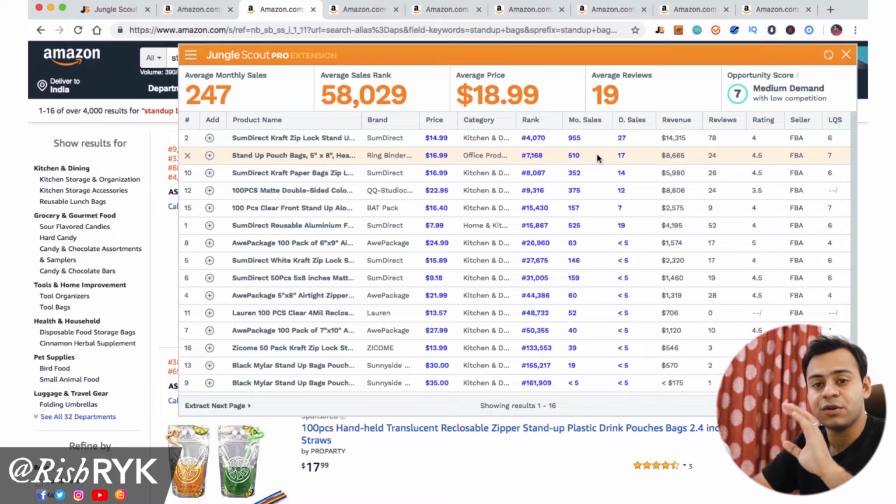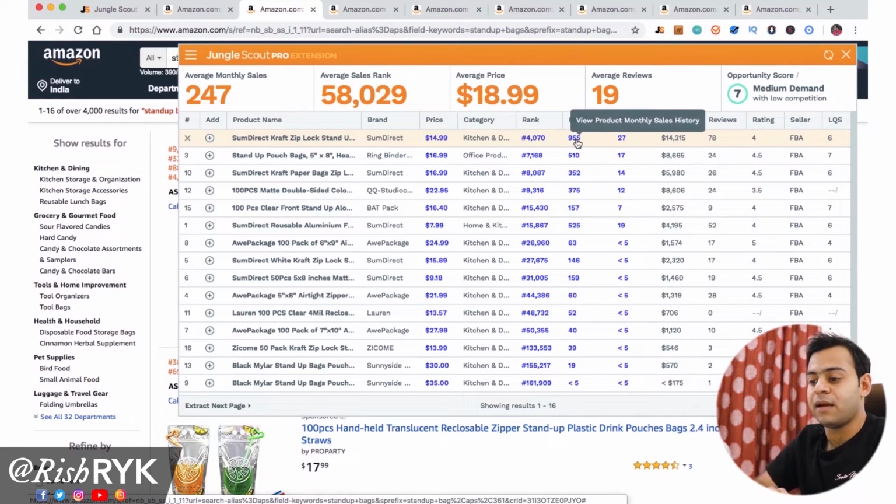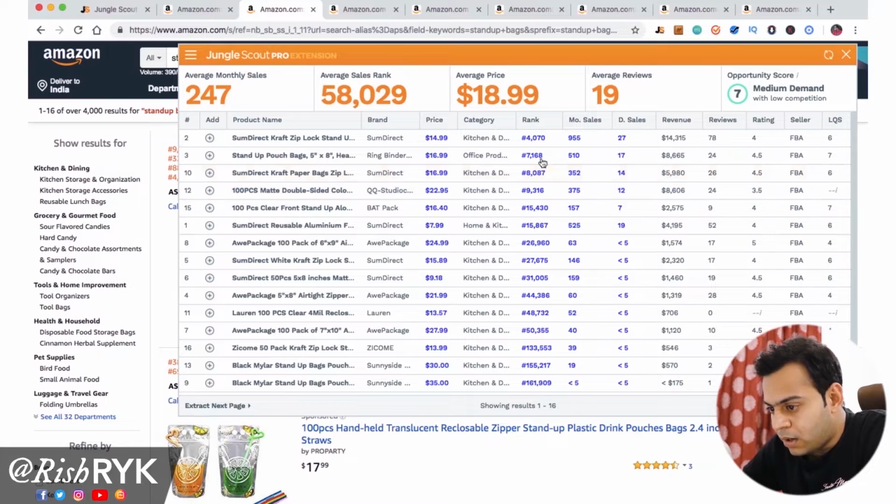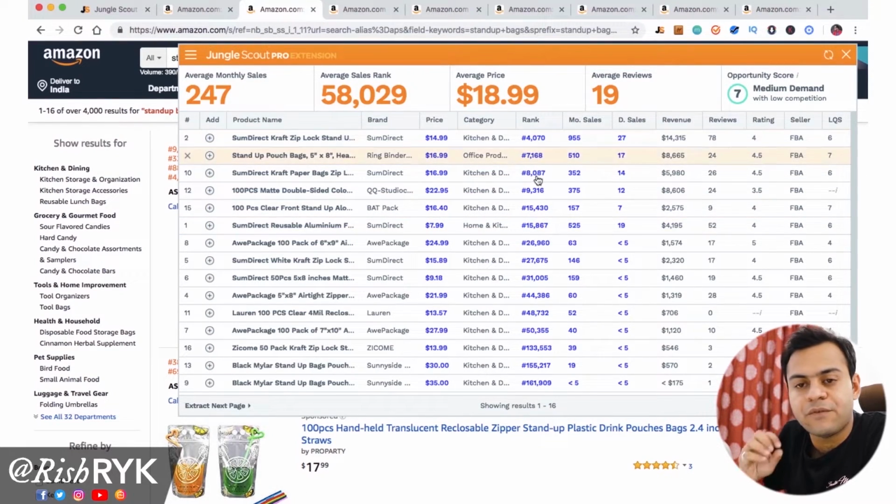All right, so let me just validate it with data. As you can see, 1 2 3 4 5 6, about 6 of them have their rank under 20,000, and the lowest one is selling about 955 units on average in a month.